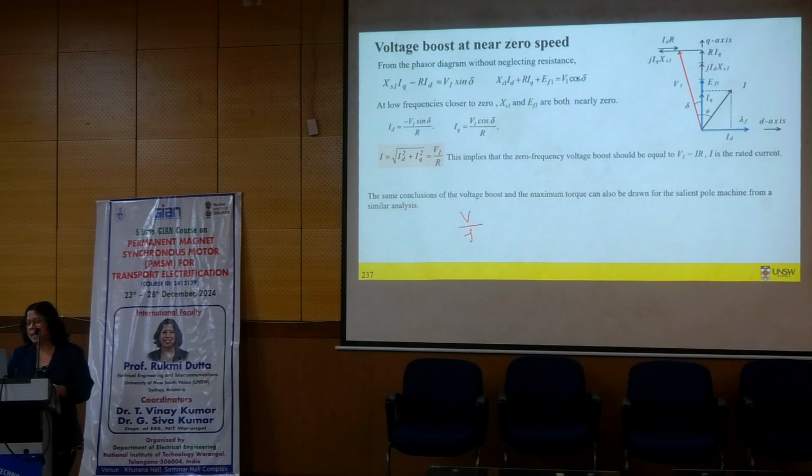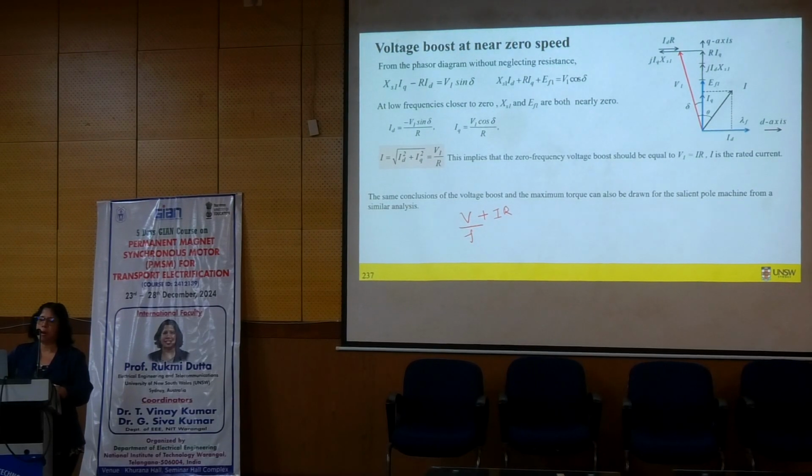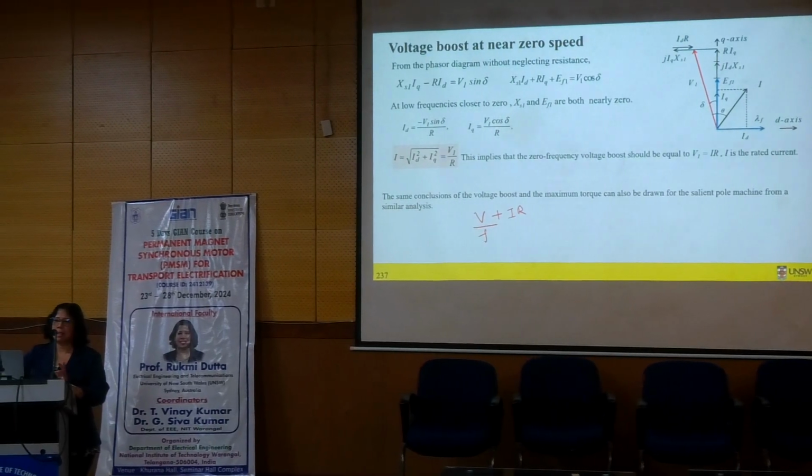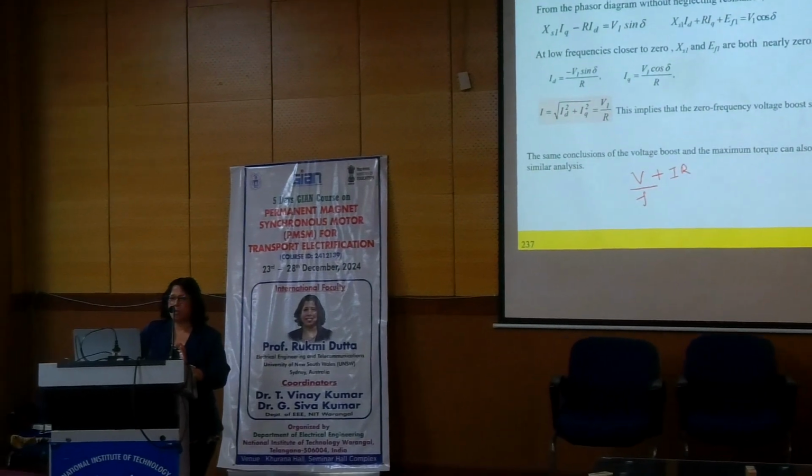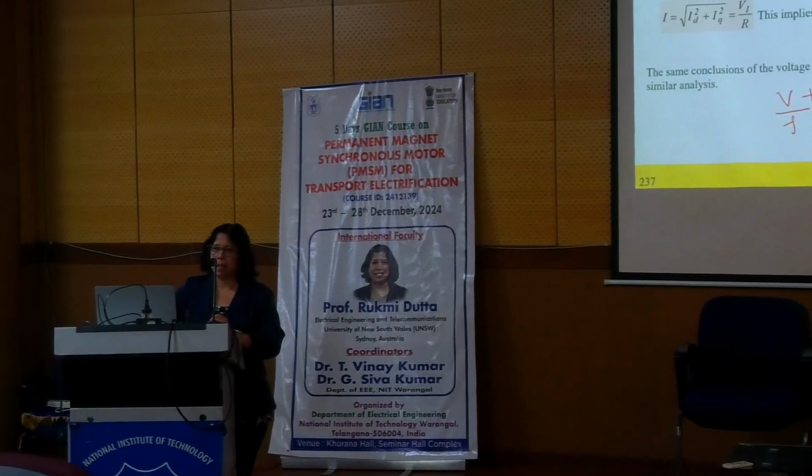But close to zero speed, we will keep this ratio but at the same time have the voltage slightly higher. We boost the voltage by a drop equal to the resistive drop, I times R. If we do that, we can prevent the torque from falling too much at low speed.